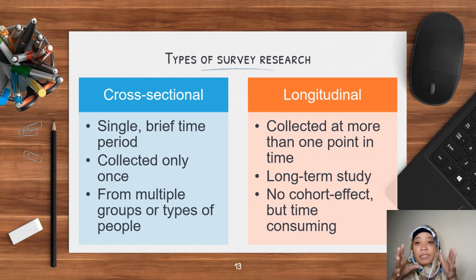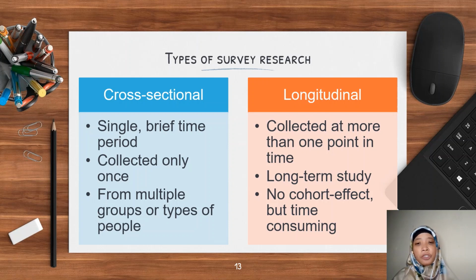So they are from the same generation, basically. If you're studying the millennial generation 10 years ago, and then now, and then 10 years later, they are all in the same generational group. So there's no cohort effect. Their familiarity with the internet will be at least similar.